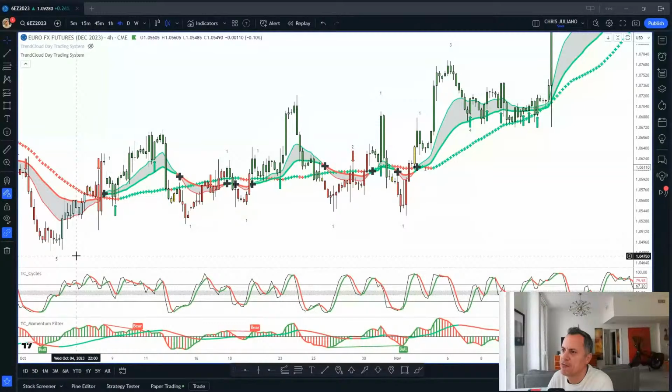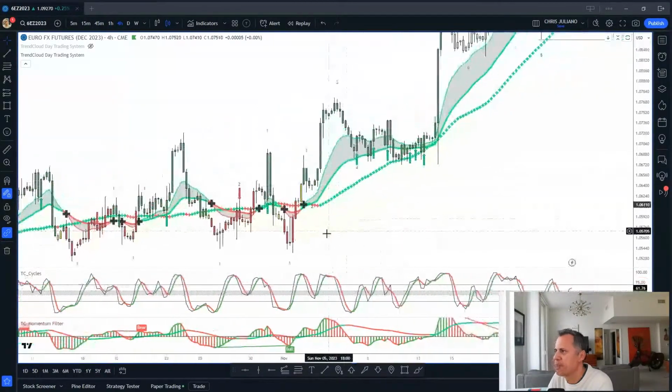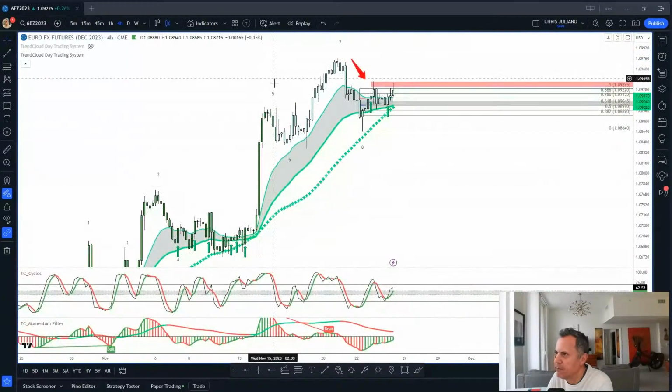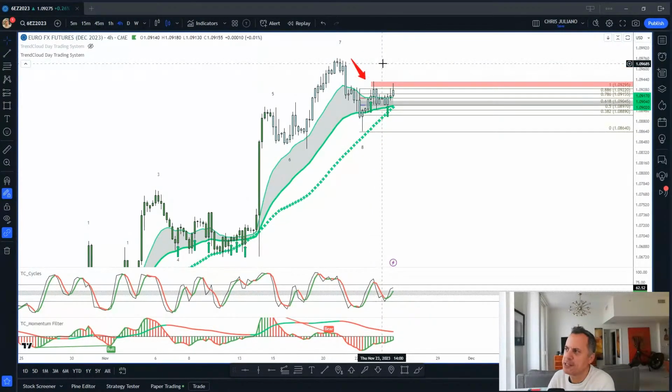Price goes down 5 waves, candles turn ice blue, reverse, recalculate, and it just went sideways, broke out to the upside. 1, 2, 3, 4, 5, 6, 7. This thing is extremely extended. 8. It's trying to make a 9th wave and it's failing.